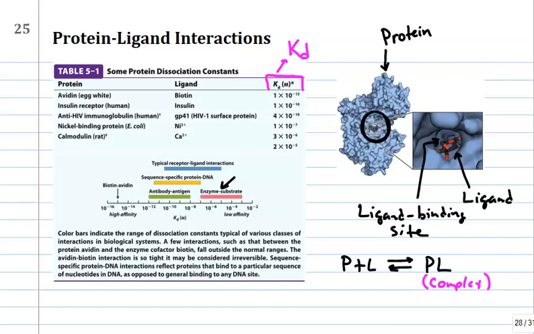This is going to mathematically describe the affinity between the protein and a ligand. So again, kind of competing names here. We might call it the binding constant or the dissociation constant.